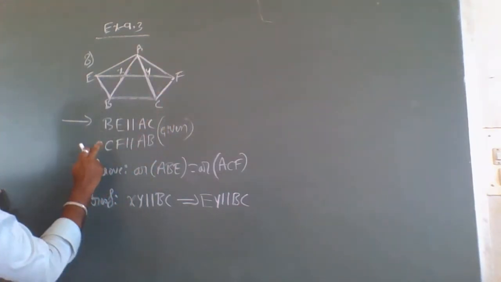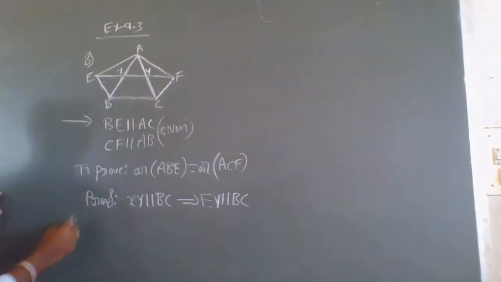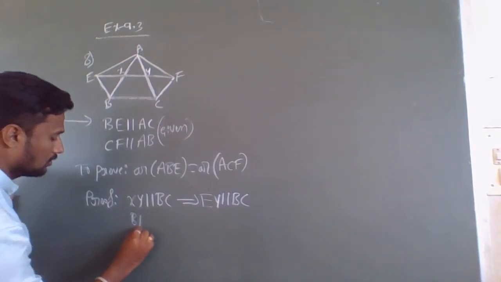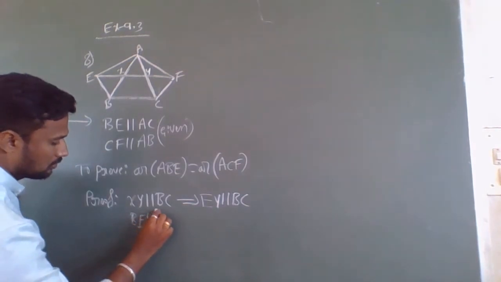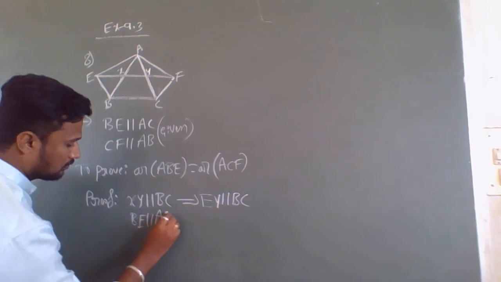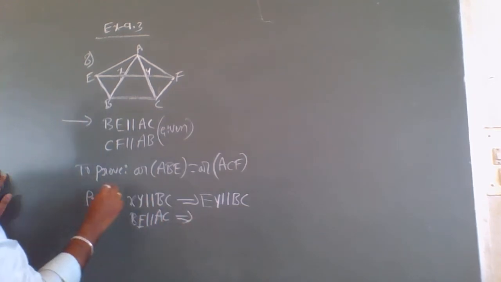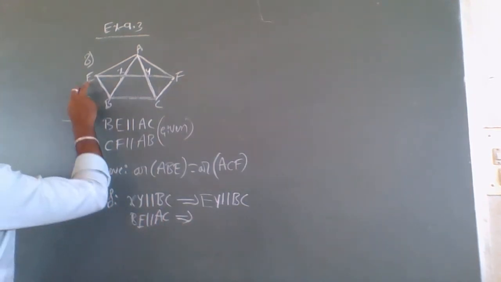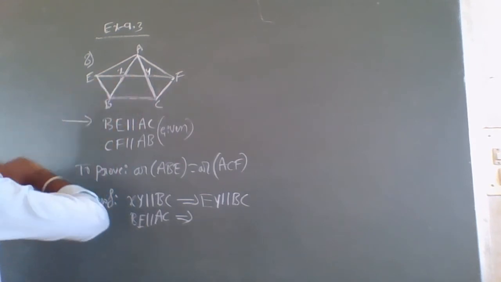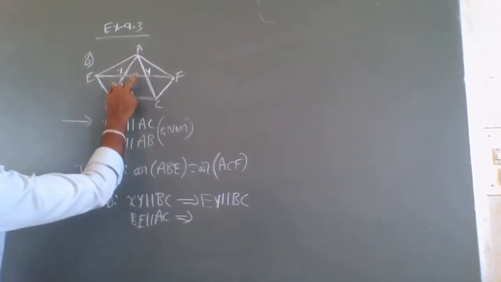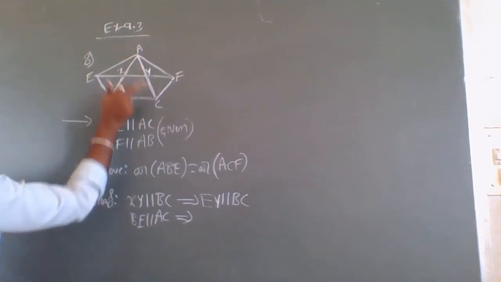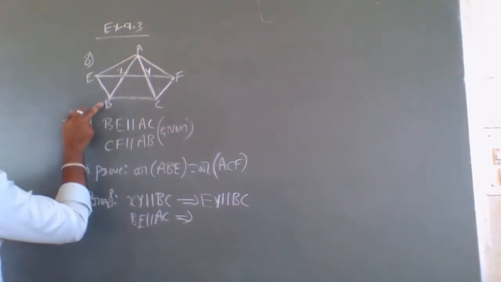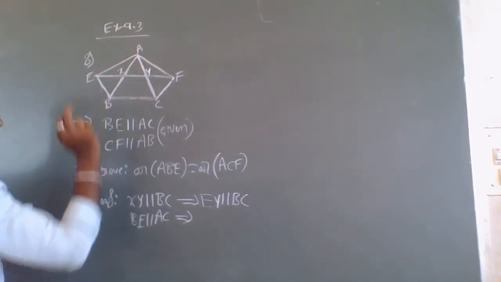This is given. So that we can write here this BE is parallel to CY, because this CY is part of line AC, so that we can write BE is parallel to CY.